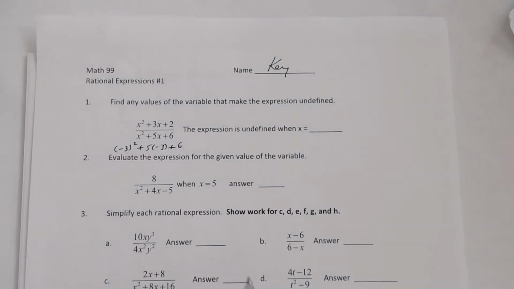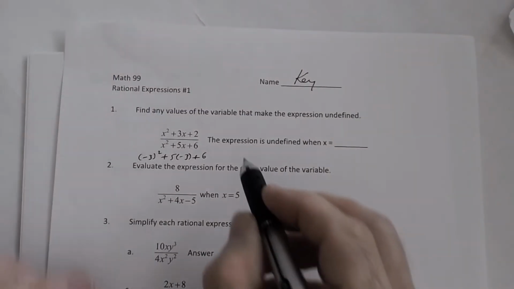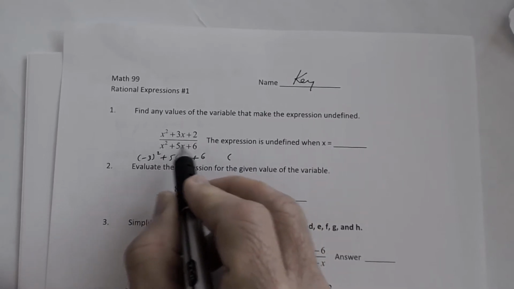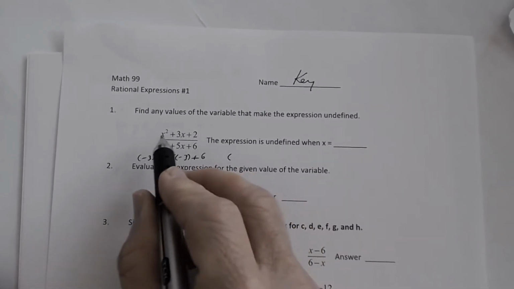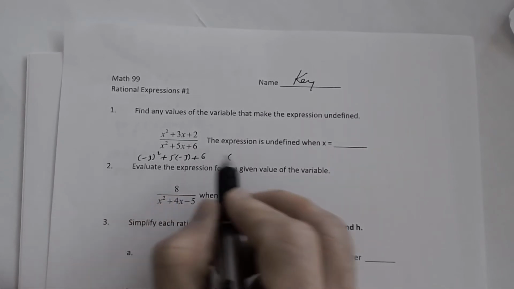Then I can do the same thing with the other value, x equals negative 2. When I substitute that into the denominator, again, it doesn't matter what the numerator is. When the denominator is 0, it's undefined.